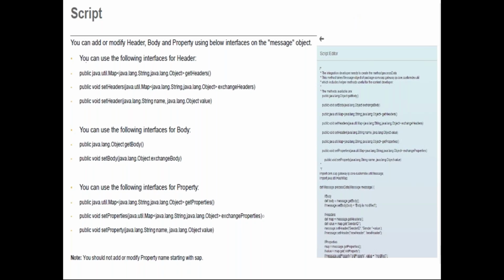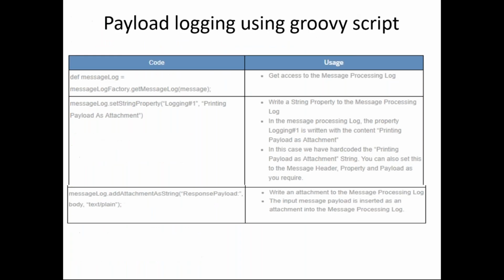So let's use one script to implement in the iFlow, where we will enable the payload. Enabling the payload means, you are extracting data from the SuccessFactors system. So far we have not enabled any payload along with the log file.